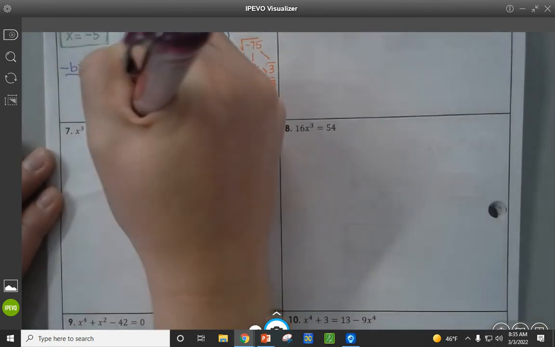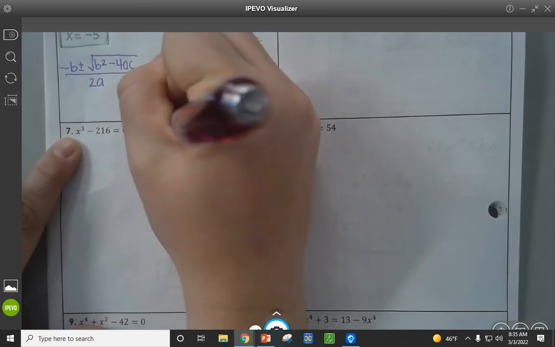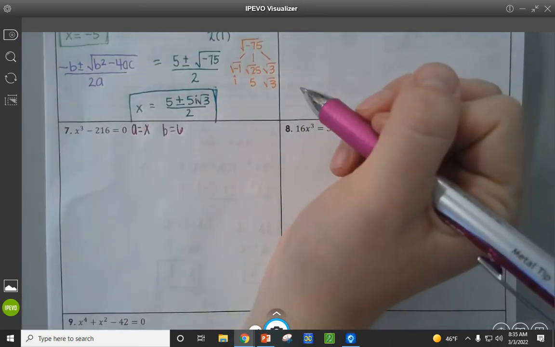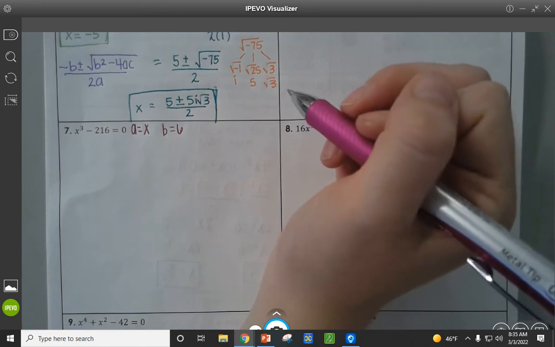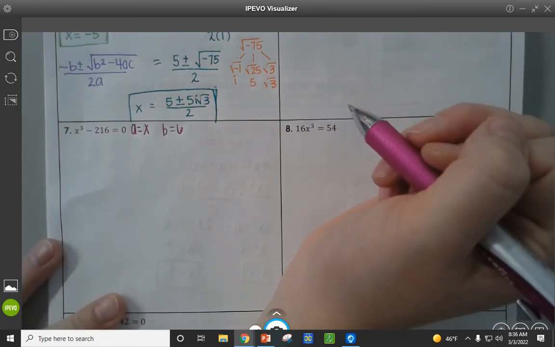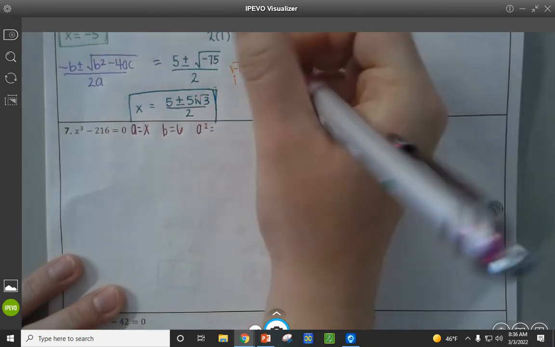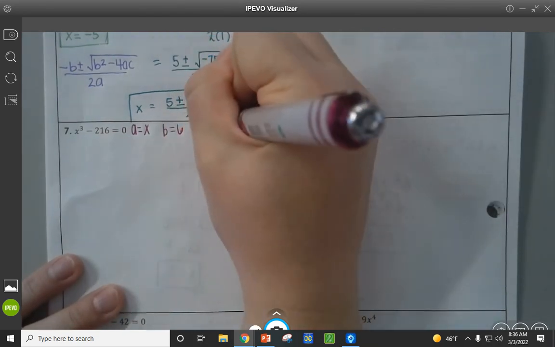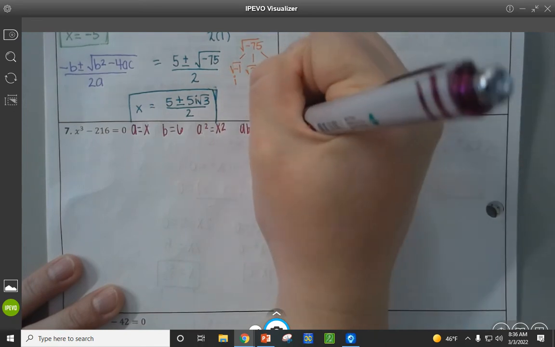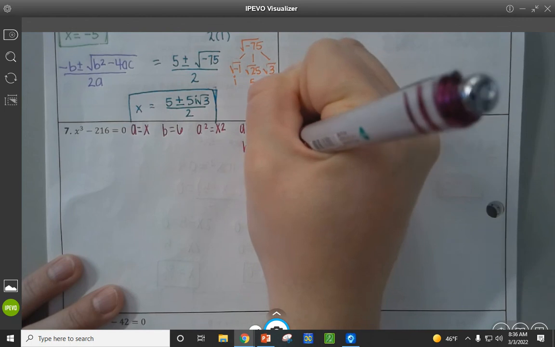So what is my A? X. What is B? 6. And if you look over here, 216, the cube root of that is 6. I kind of wrote those up there so you won't have to type as much in your calculator. What is A squared? X squared. AB, 6x. And B squared, 36.